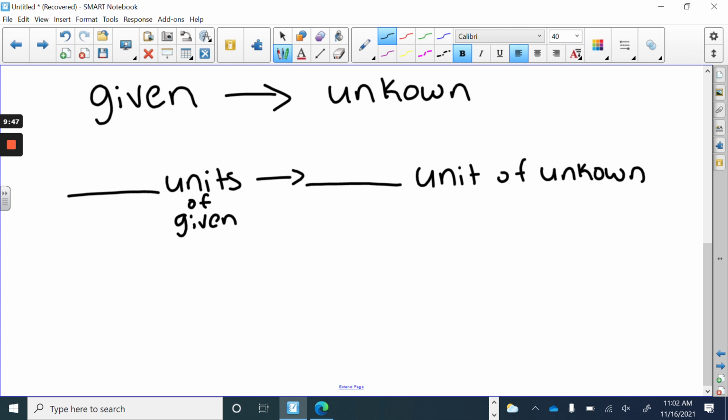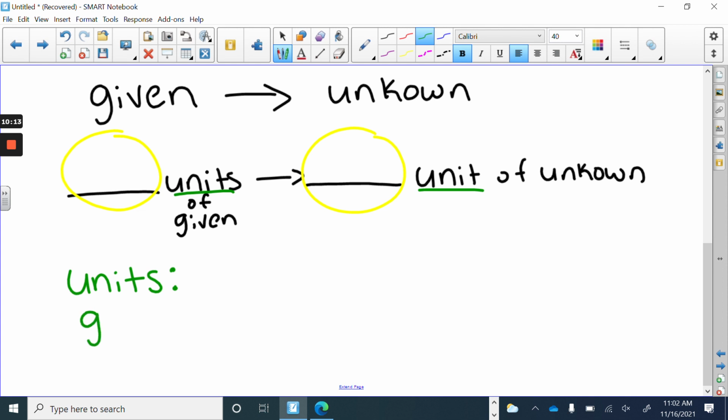Okay. So, in order to figure out these numbers right here, you must look at the units. Looking at the units, if the unit is grams, you're going to go and find the molar mass from the periodic table.